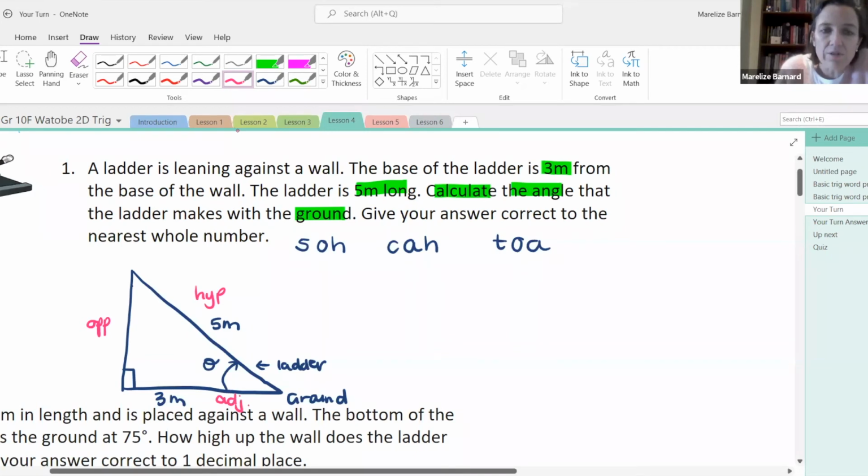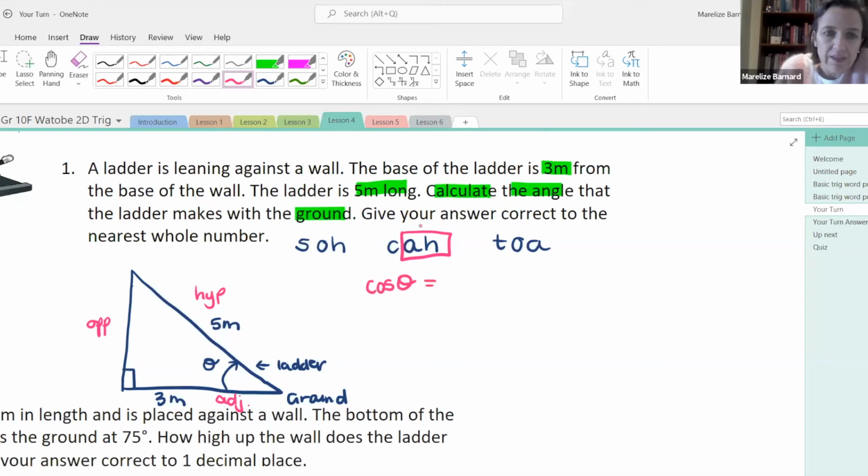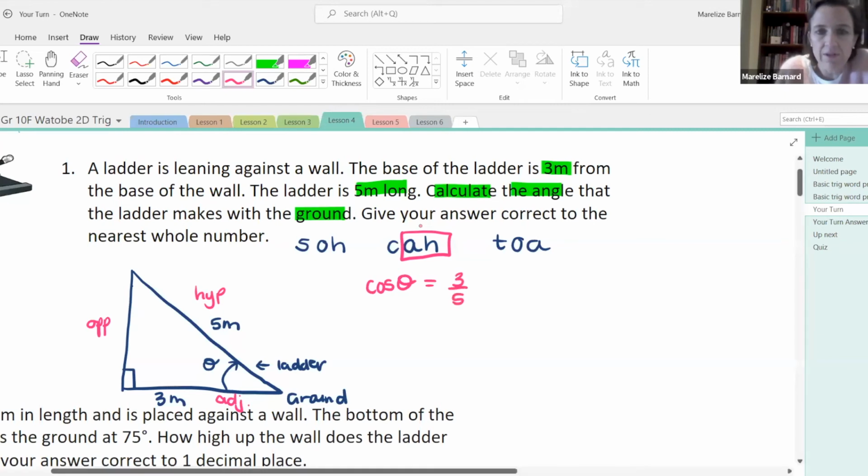Now, since we're solving for an angle, we need two sides. In this case, we're going to use the two sides that we have values for, the 3 meter and the 5 meter. So that's adjacent and hypotenuse, so we are going to use cos. We say cos of theta is adjacent over hypotenuse, that's 3 over 5.